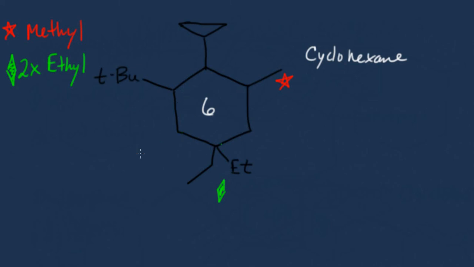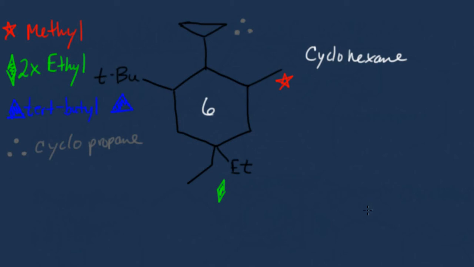Going up more, we see there's a tert butyl, and so we're going to give this tert butyl a triangle to identify it. And then we have one more group over here, and this is our cyclopropane that we've seen before.